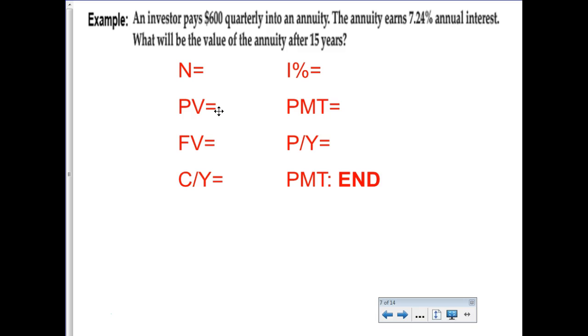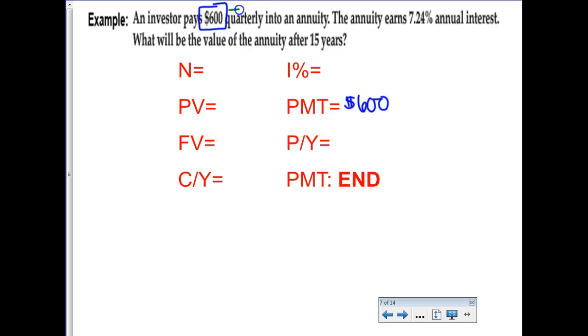So let's look at this first example. It says you're an investor and you are paying $600 quarterly into an annuity. So this number here, 600, that is called your payment. So on your notes, you're going to want to write down PMT equals 600 because you're going to want to refer back to this when you go to do some problems on your own.